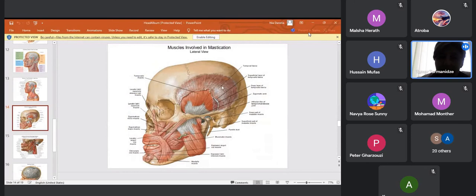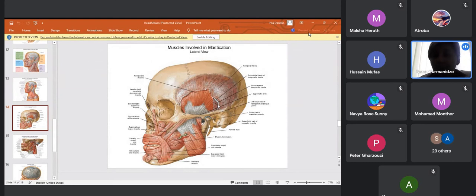The temporalis fascia is divided into a superficial layer, which is attached to the outer surface of the zygomatic arch, and a deep layer, which is attached to the inner surface of the zygomatic arch, and between these two layers is located a connective tissue space.